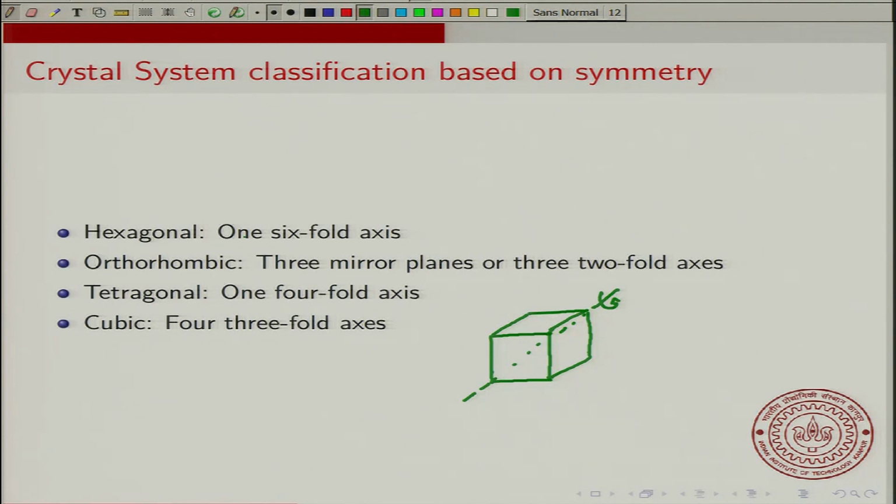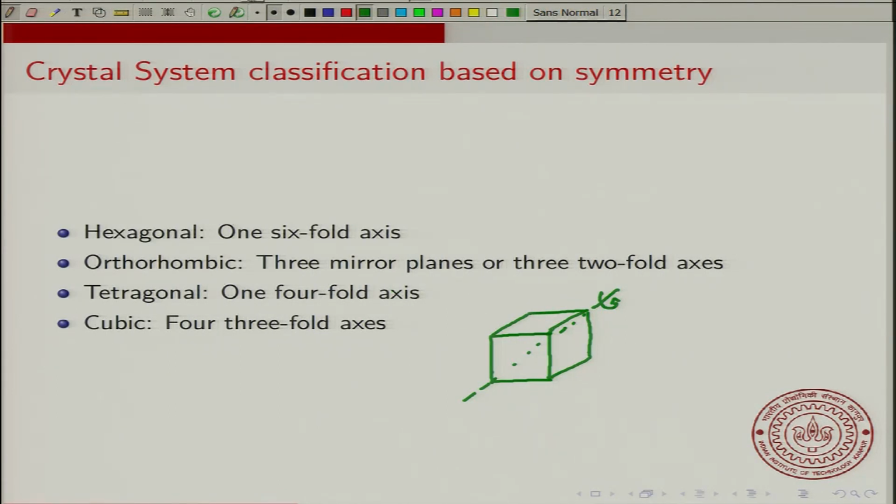But you find that a tetragonal system has one four-fold axis, and in addition it could have four three-fold axes, so a cube can also be a tetragonal system. So the existence of four three-fold axes is the highest symmetry, and that is a cube. Now you could have one four-fold axis, and that is sufficient to be called a tetragonal system.